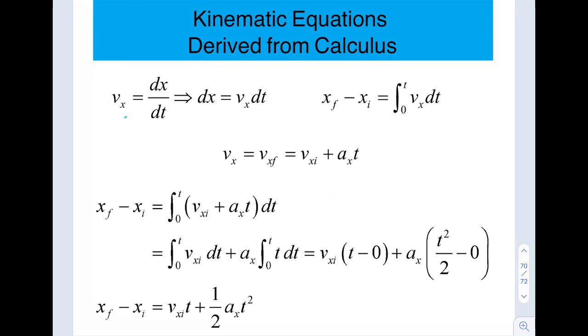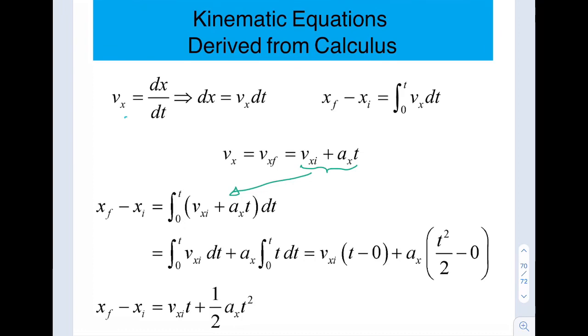So we have x final minus x initial equivalent to the integral of our vx final, which is this one, the whole bulk of this. Put it here. So you will get the integral of vx initial plus axt with respect to time, where the limits are from 0 up to t.